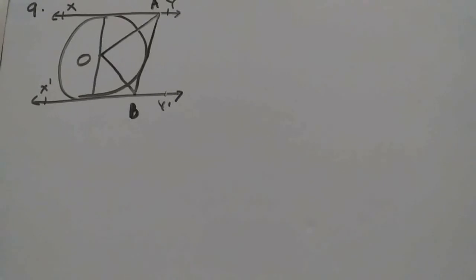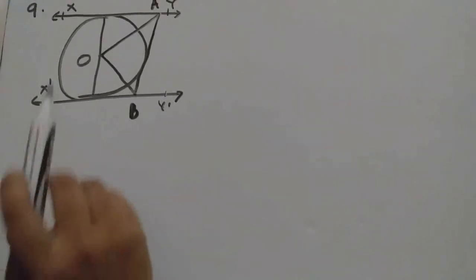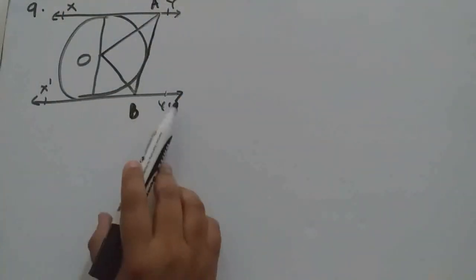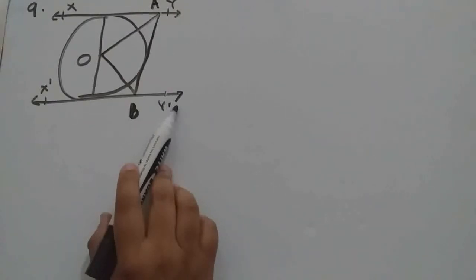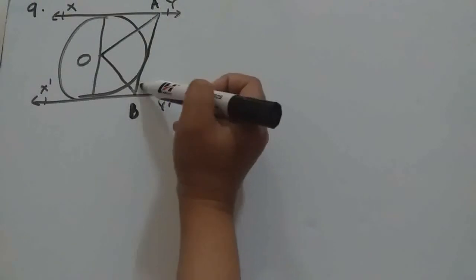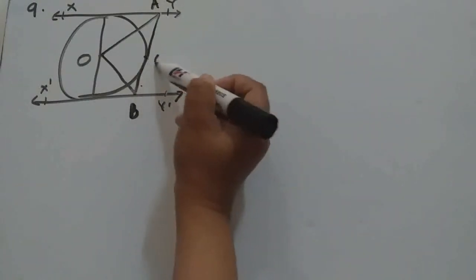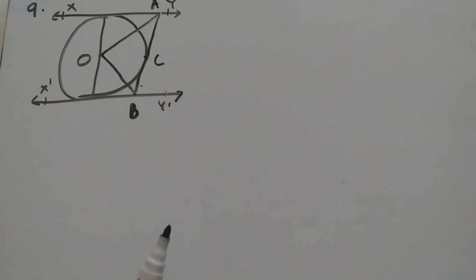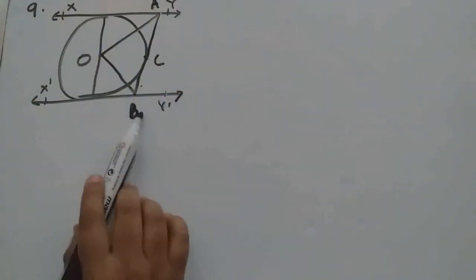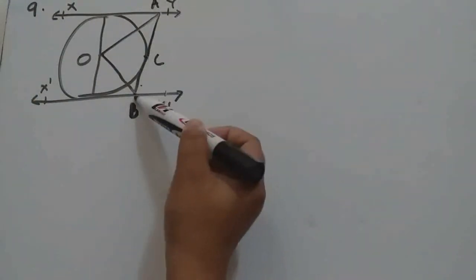In question number 9, a figure is given to you. XY and X dash Y dash are two parallel tangents to a circle with center O. Another tangent AB with point of contact C intersects XY and X dash Y dash at A and B respectively.